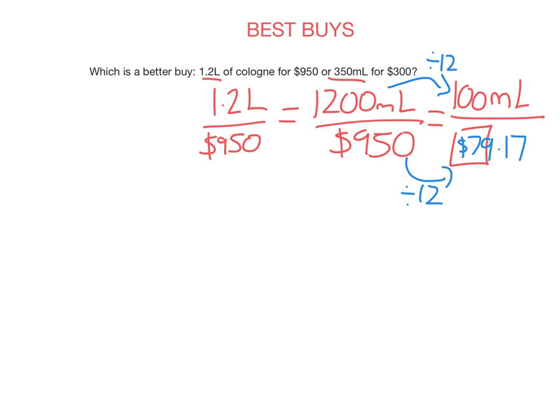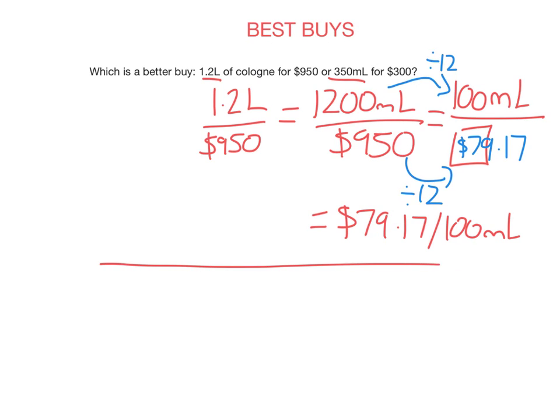So what I've essentially done is I've found out that 1.2 litres for $950 is the same as $79.17 per 100 mils. To compare this to the other one, 350 mils for $300, I'm now going to find that as a cost per 100 mils.